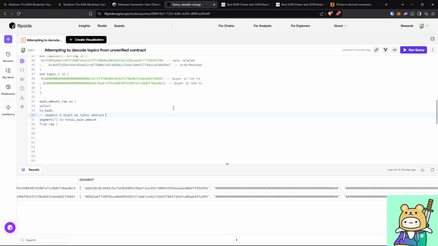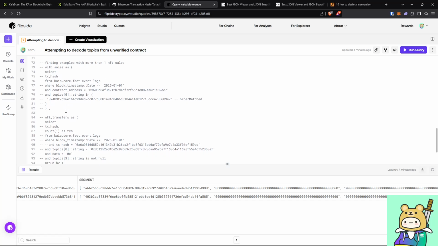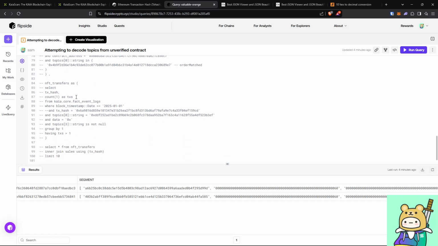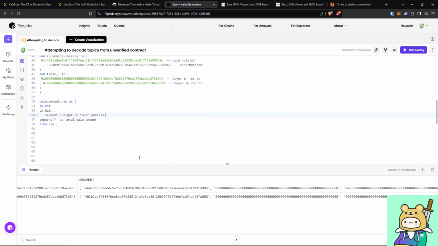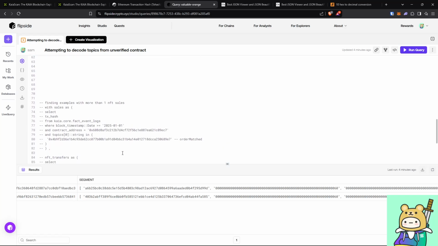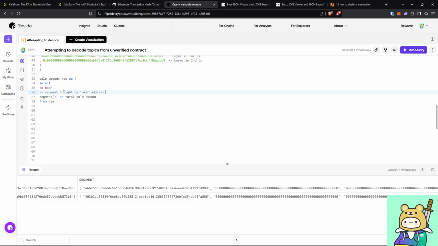And the way to find this out is you do this same query below, where instead of looking at NFT transfers, you look at token transfers and see what are the examples of tokens being transferred, right? And that segment 6 can be your token address. But for this purpose, I'm going to assume segment 6 is the token address and leave it empty for now. And then of course, utils convert this from hex to int of segment 7, and this gives me my total sale amount.